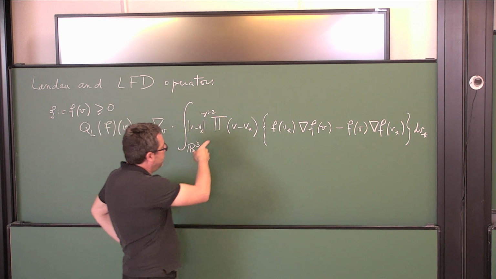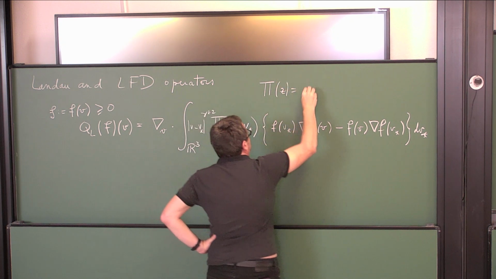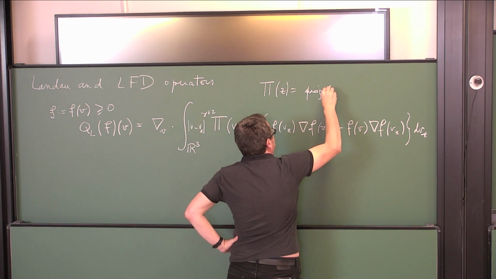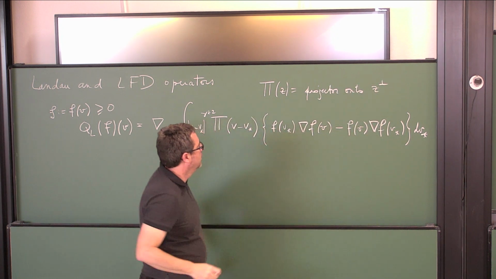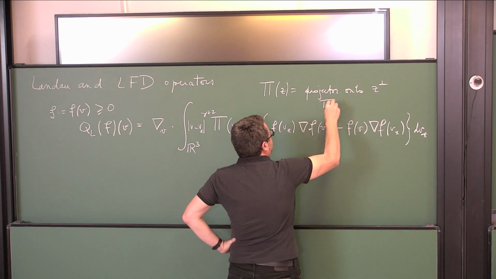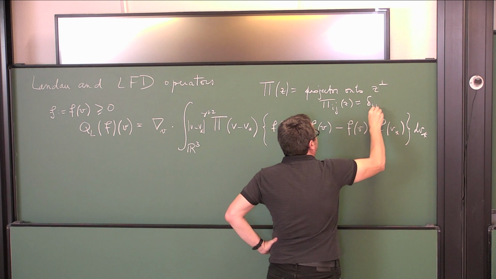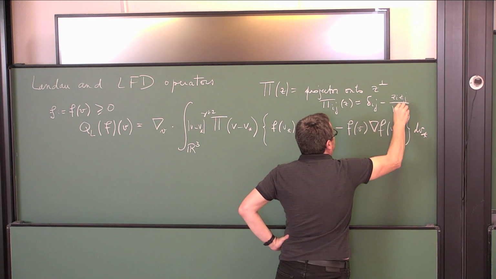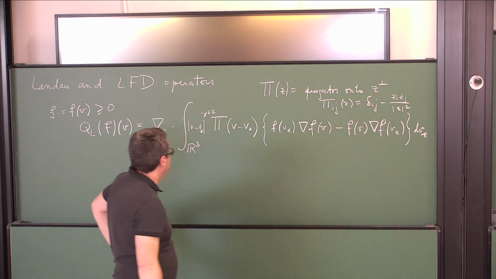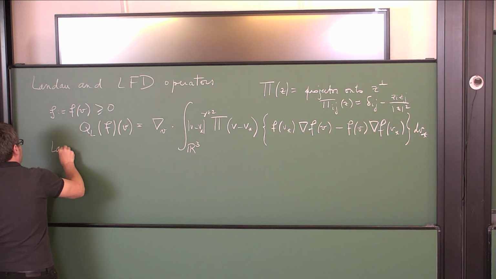And here pi is in fact the projector onto the orthogonal. So if you prefer, the component ij of pi is just delta ij minus zi zj divided by z square.